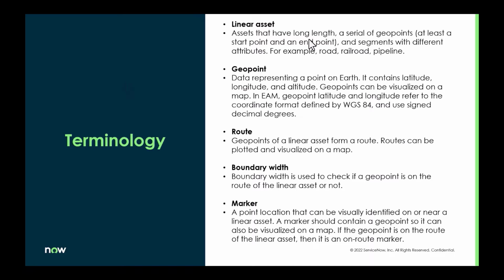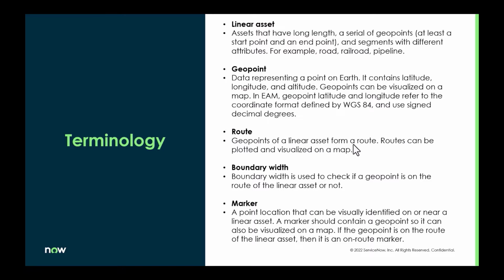Linear asset, as we discussed before, is an asset which has long length, serial geopoints, segments, etc., like roads, railroads, pipelines. Geopoint is the data representing a point on Earth. A geopoint will have latitude, longitude, and altitude.